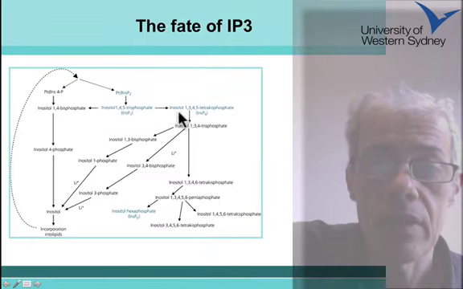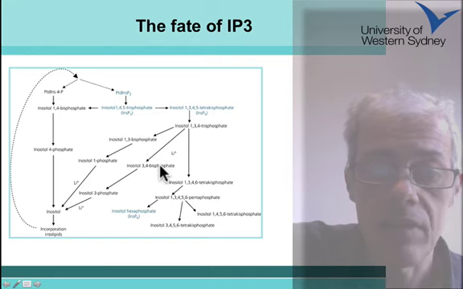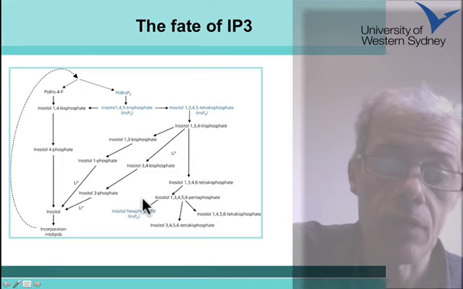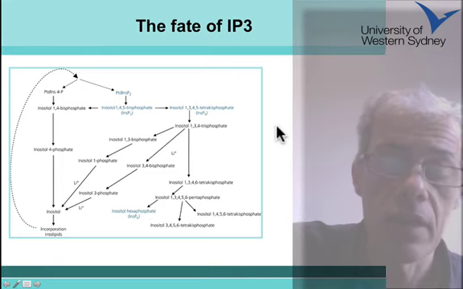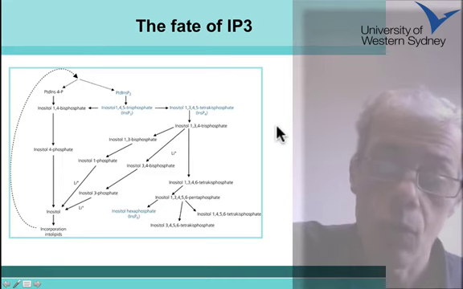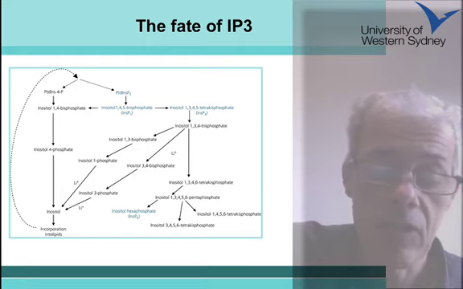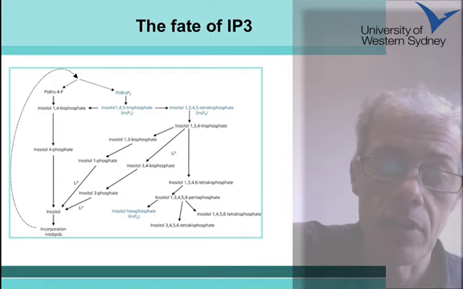And then these highly phosphorylated molecules can be further metabolized, giving rise to various compounds which may have an effect on some process in the cell which is either poorly defined or way too complicated to be described in the textbook. But it's just interesting to know that these processes occur.